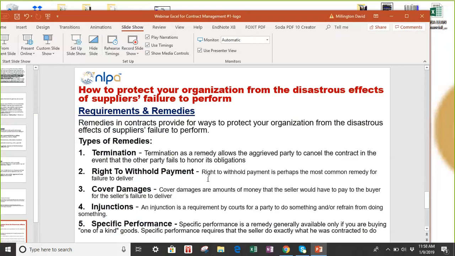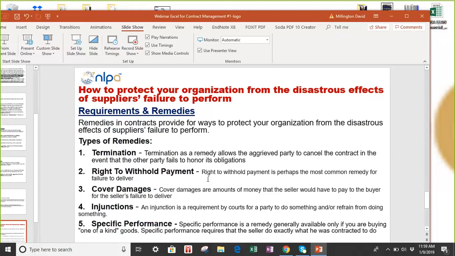So the rule of thumb is that if you have a very robust supplier selection process, and you have a very robust contract, and there's a total understanding between yourselves and your suppliers as to the consequences of non-performance, then you'll be doing a really good job for your organizations. So termination, and hopefully you never reach that point.